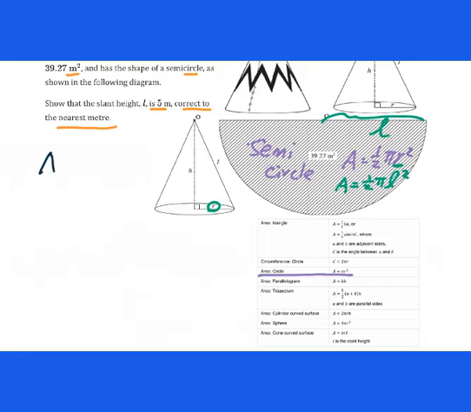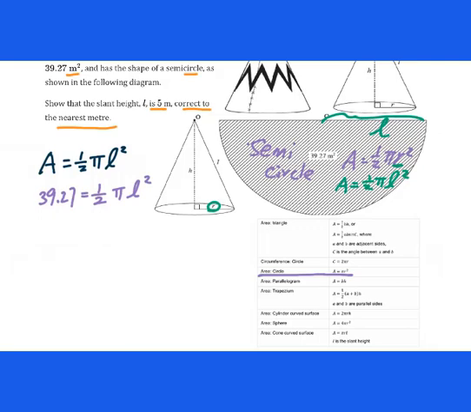So we get the area equals 1/2 pi L squared, and an area that's 39.27 equals 1/2 pi L squared.